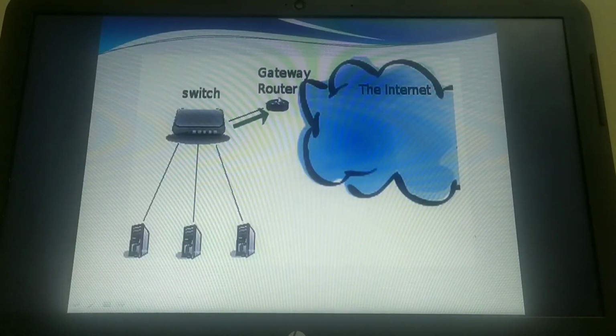Whatever functionality the router performs, more functionality will be performed by the gateway. Some additional functionalities will be performed by the gateway. Otherwise, the gateway's job is to connect two dissimilar networks, as does the router.